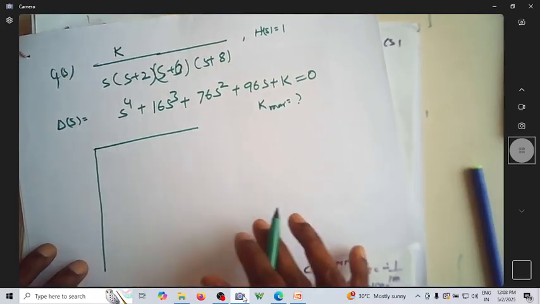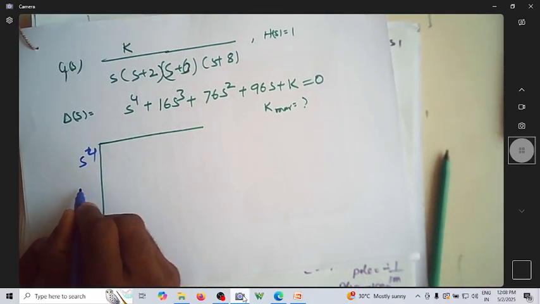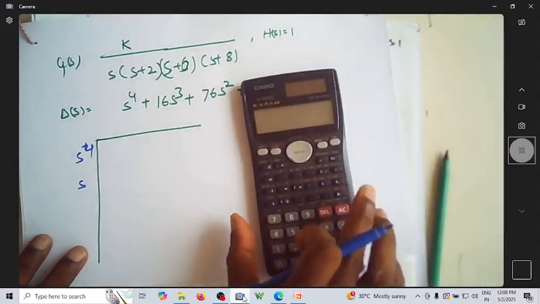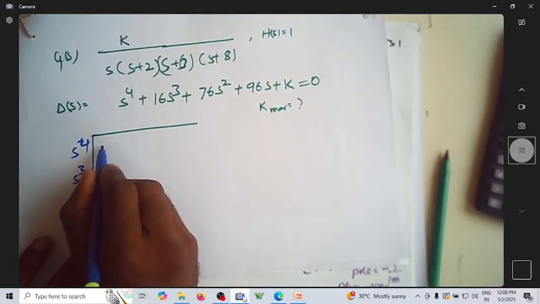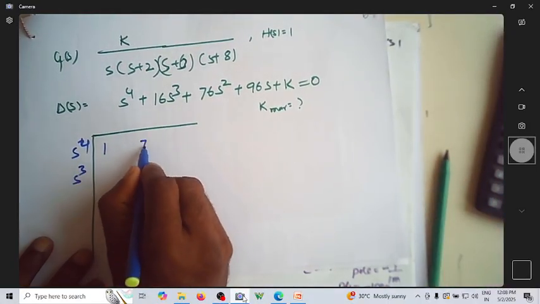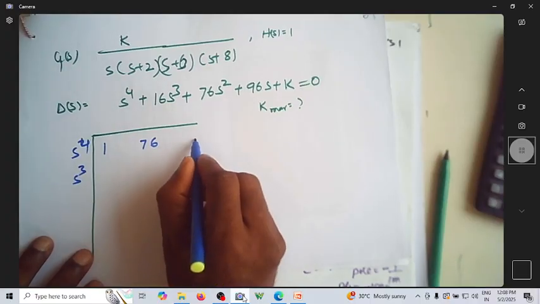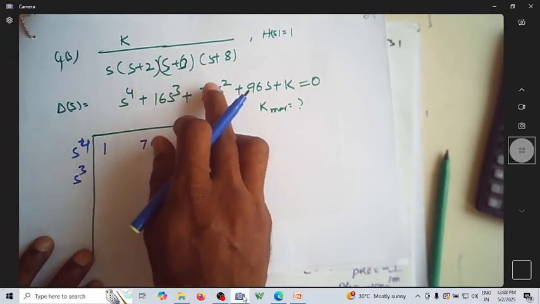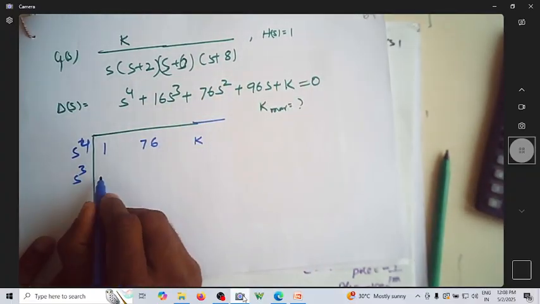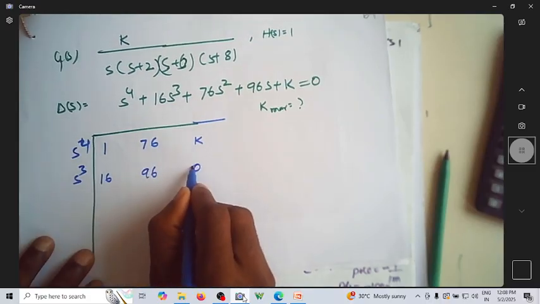How do you find it? So this is now s to the power of 4, s cube, s square, s power 1, s power 0. Row s power 4 has 1, 76, k. Row s cube has 16, 96, 0.